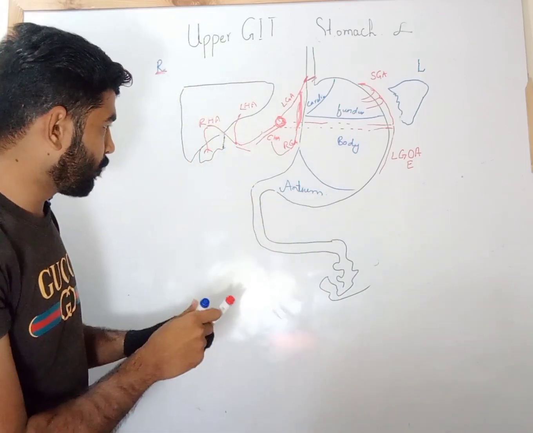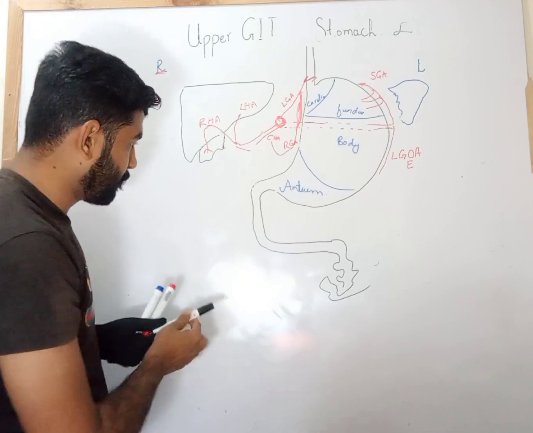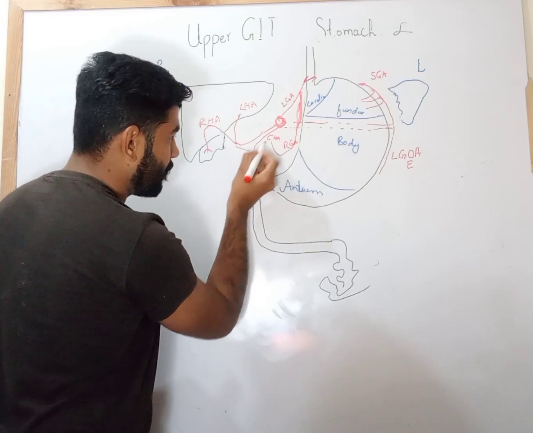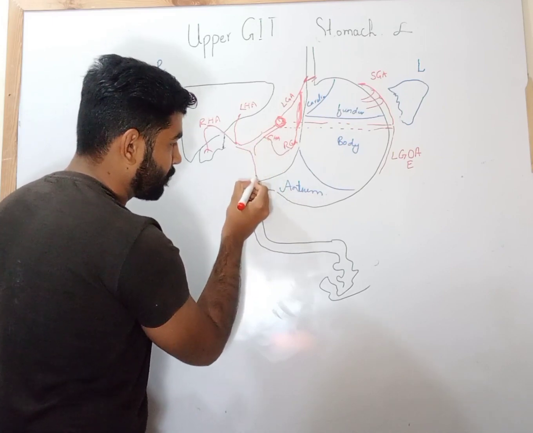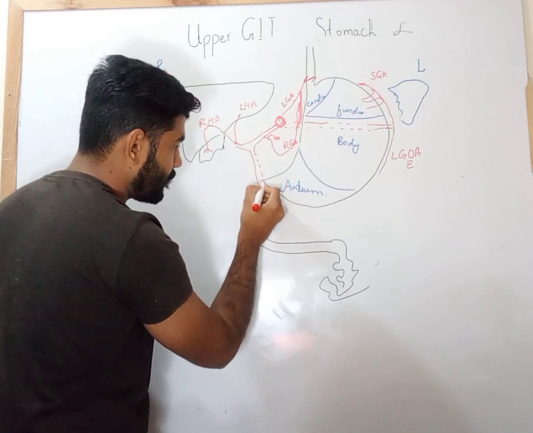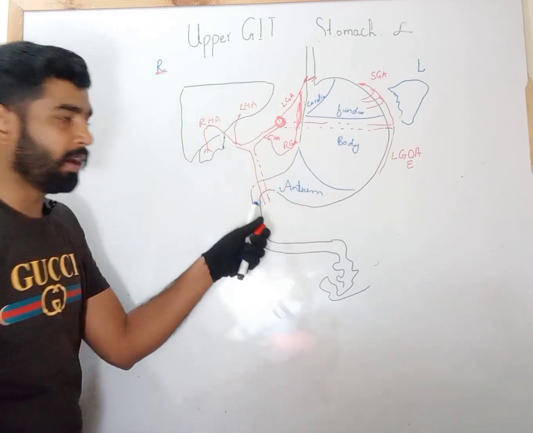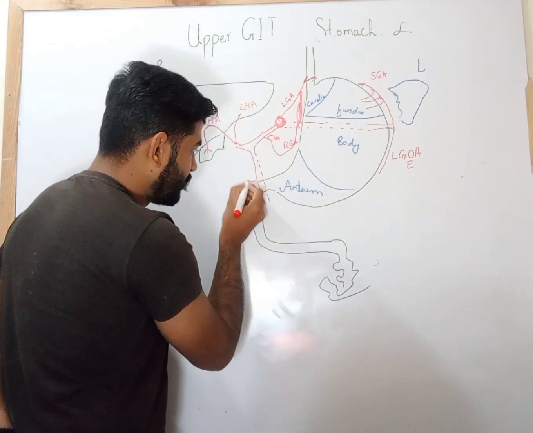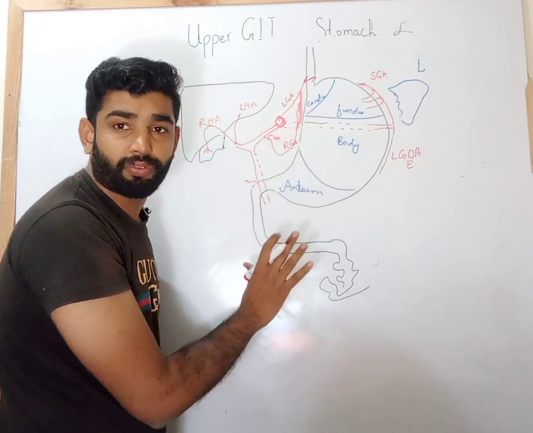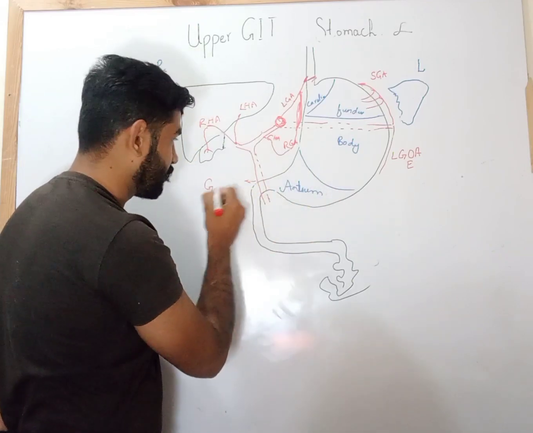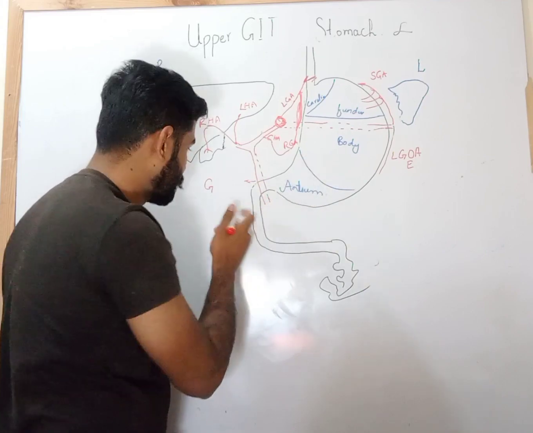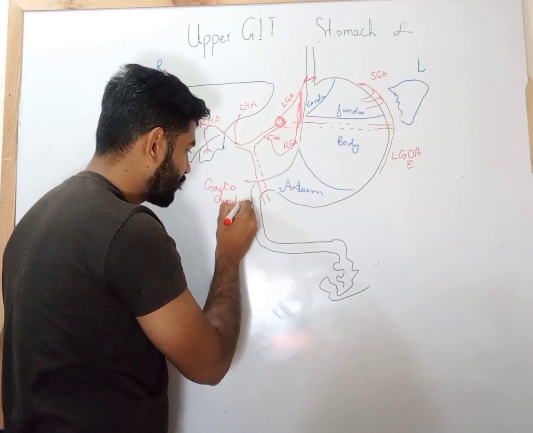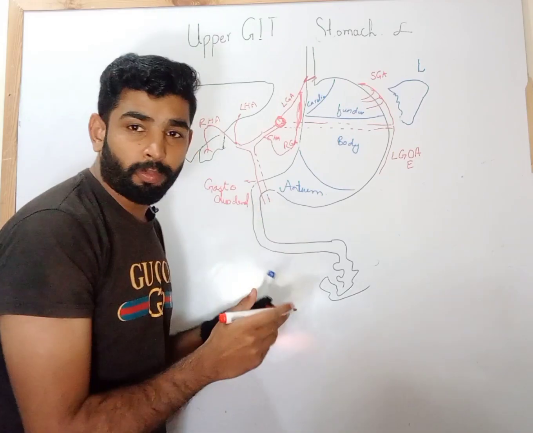Now we are coming toward the duodenum and this is the stomach. Common hepatic artery gives rise to another branch, this is called the gastroduodenal artery, because the name is from gastric and duodenum.